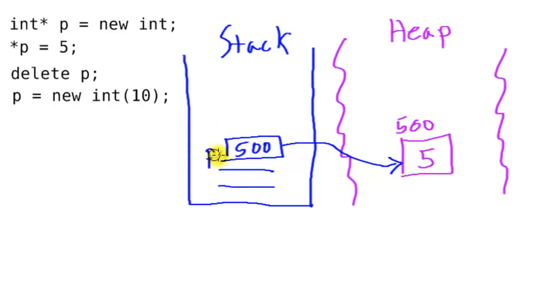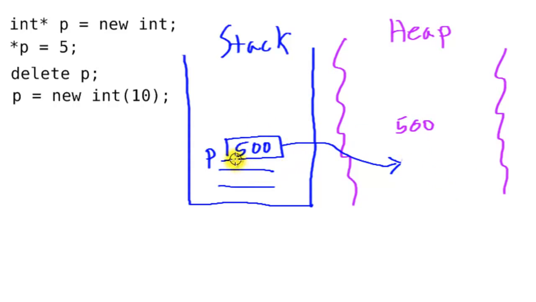So it doesn't actually delete the pointer p. That pointer p will stay there on the stack until whatever function this particular code is in actually terminates. At that point in time, then p would be removed off the stack along with any other local variables that we may have. So this delete operation here just simply deletes what p is pointing to. So we'll just show that this area of memory is being freed up.